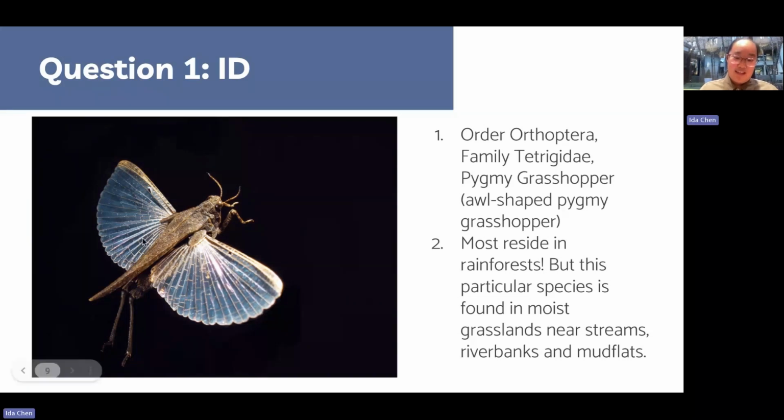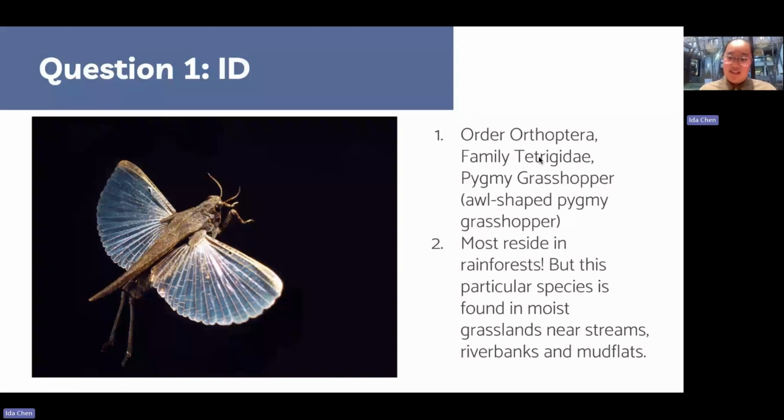For this one, what differentiates it from the most common grasshopper is that the front part of the middle segment, the thorax, is really long, versus a common grasshopper, which tends to be a lot shorter. So you can remember things technically, or you can just look at a lot of different pictures and build your intuition from that. So this is an example of an ID for those people who haven't seen it before.